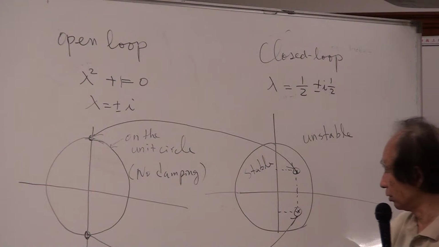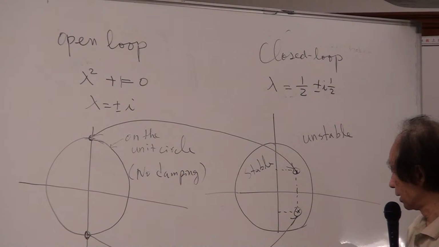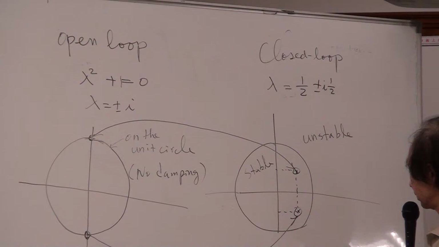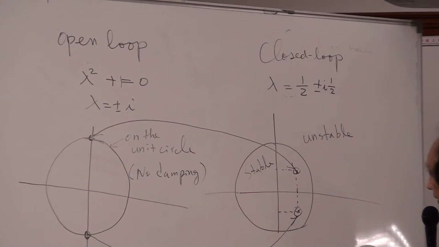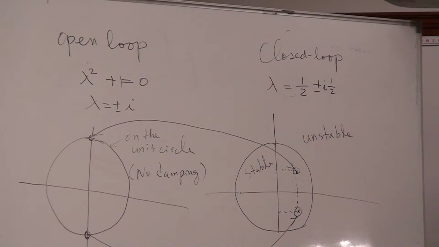The u is F1 w(k) plus F2 w dot(k). That's my u(k). My closed loop eigenvalue problem is this, if I just give you F1 and F2. Now if I give you the closed loop eigenvalues, the eigenvalue problem becomes lambda square plus lambda plus half equal to 0.